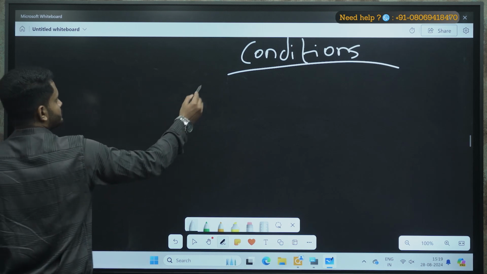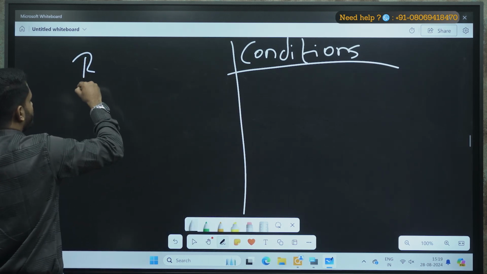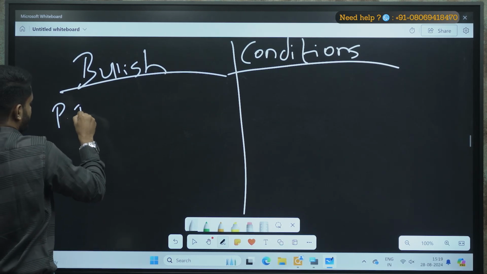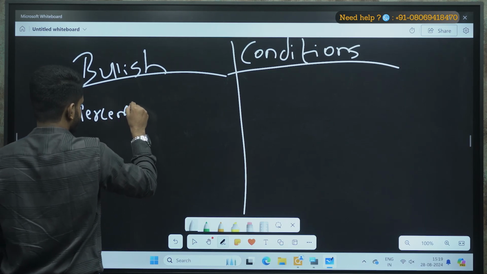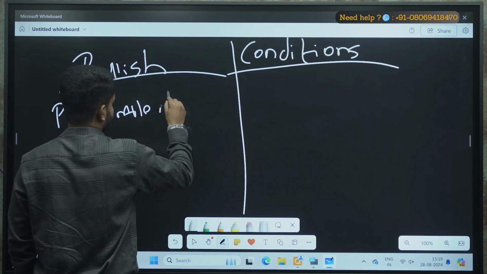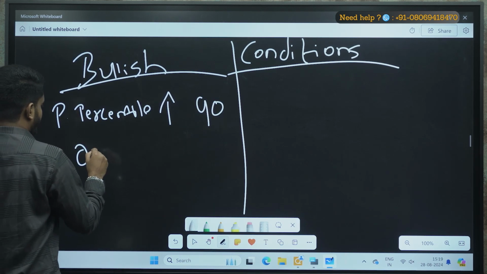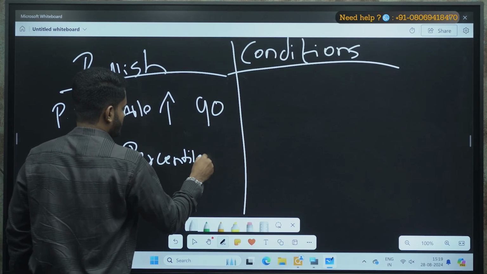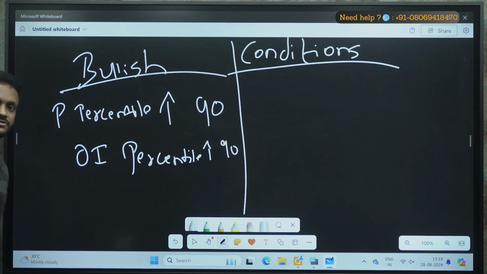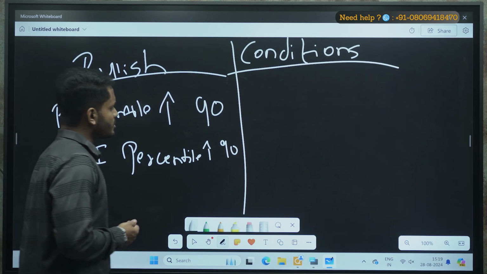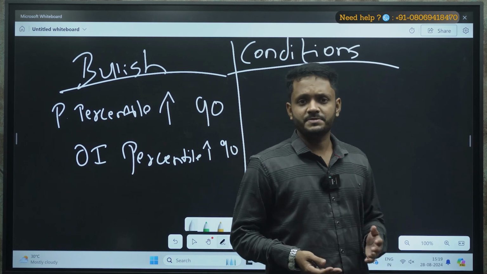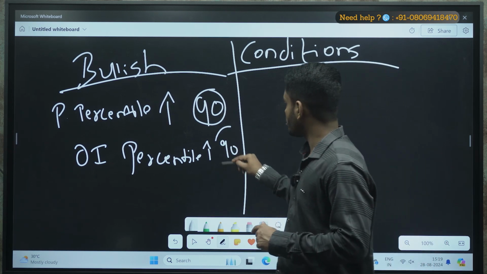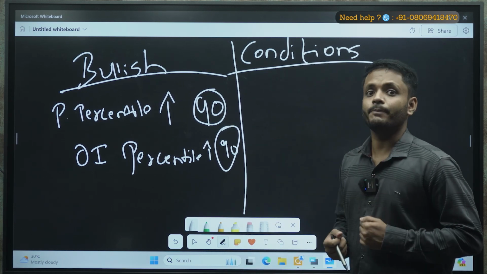For bullish, if the price percentile is above 90 and the OI percentile, that is participation, is also above 90, that means we can expect a sustained breakout, or a decent swing on the upside, because price is somewhere close to its previous high, and along with it I can also see good participation.